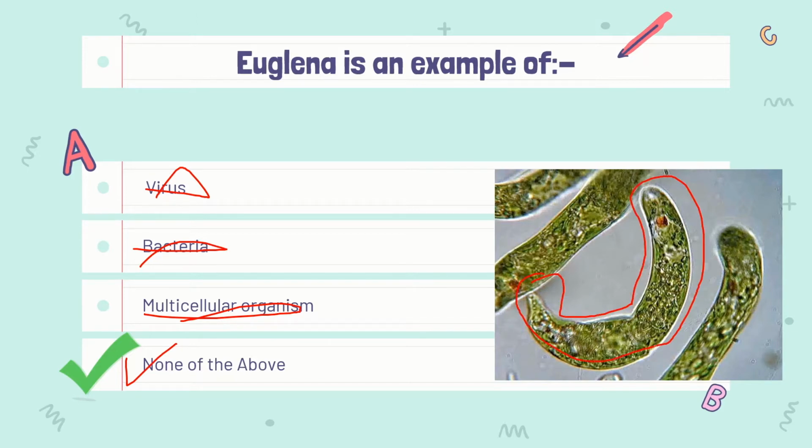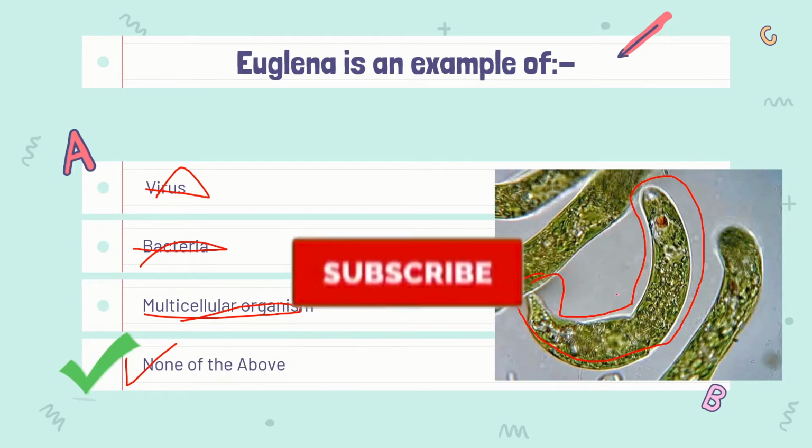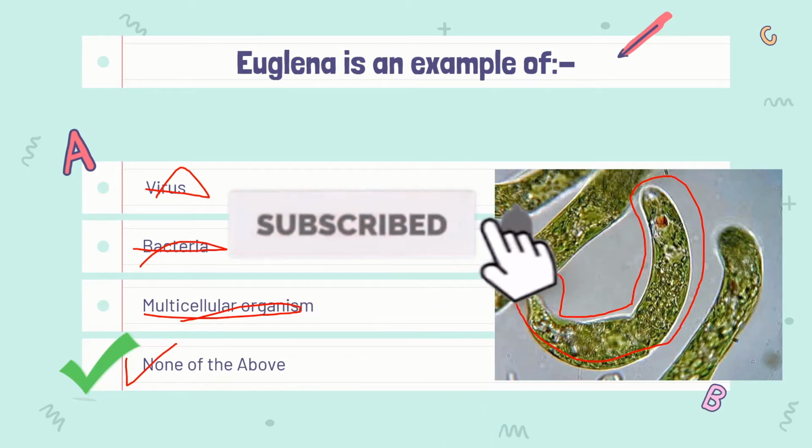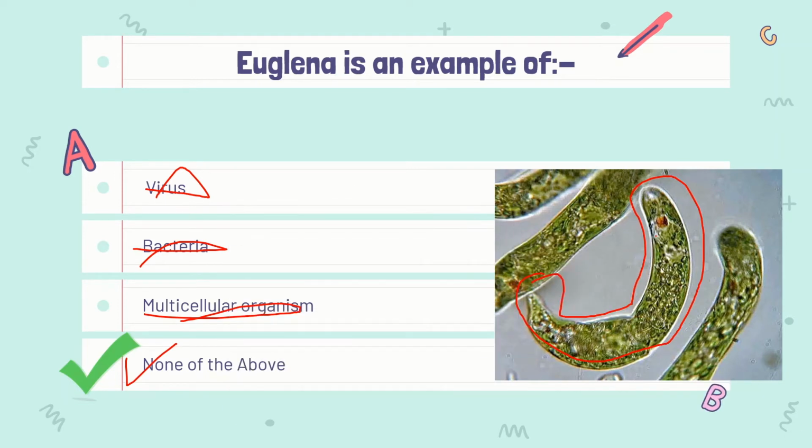It is present in the protozoan family. It's not an algae, but it uses sunlight and photosynthesis for food. So there is some similarity in Euglena and other algae.